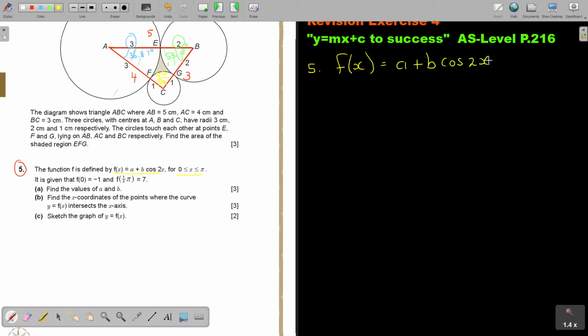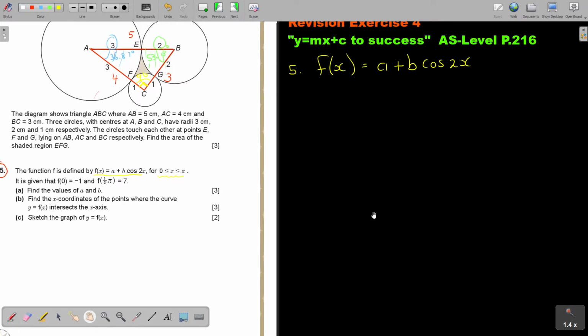Okay, if it's 2x, it's actually meaning that a normal, and I'm going to draw both for you. And as I said, the most important thing in AS-Level is that you make a lot of connections and not just look at sums separately. But a normal cosine one will go like this. Okay, but now, it can be that the value of b becomes negative or something like that. It can even change. I don't know at this stage.